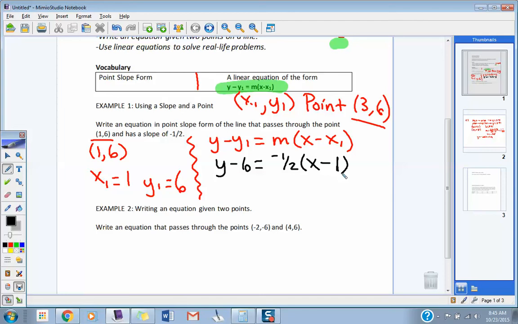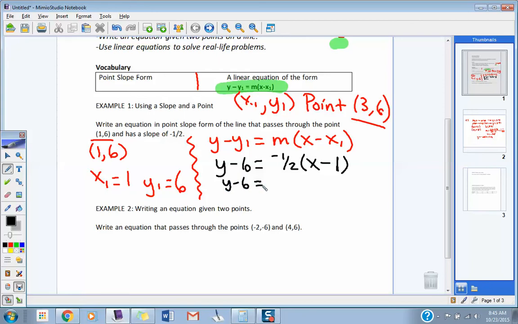Now again, what I would like to do is end up in some kind of slope-intercept form, which means we've got to get y all by itself. First step, I don't want parentheses in here, so I'll call this y minus 6 equal to. All right, help me distribute on the right side.